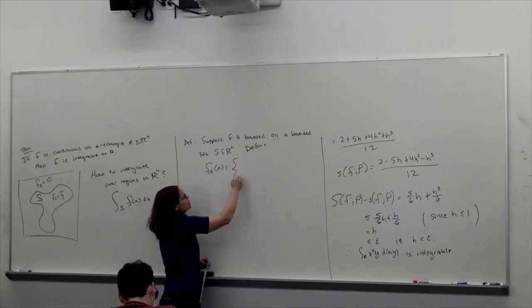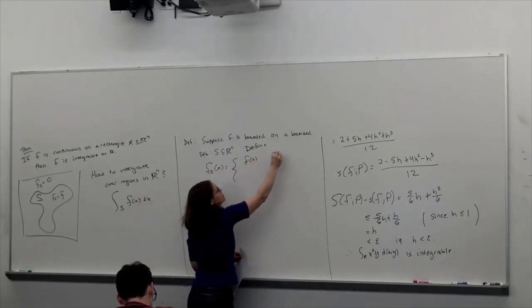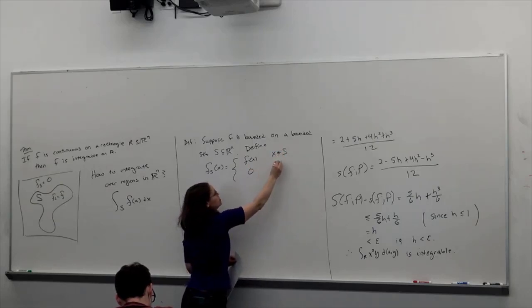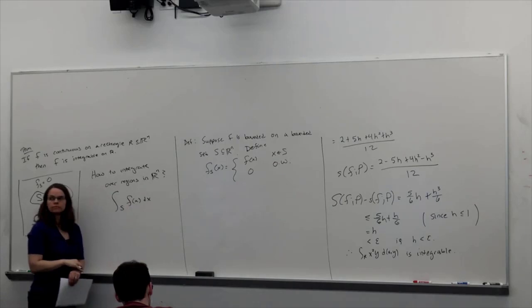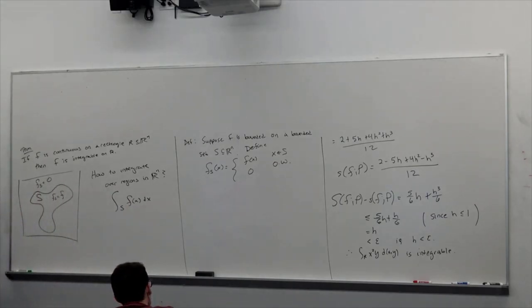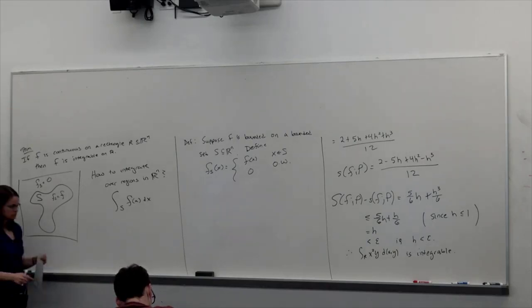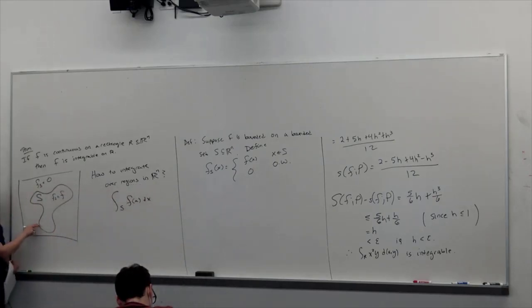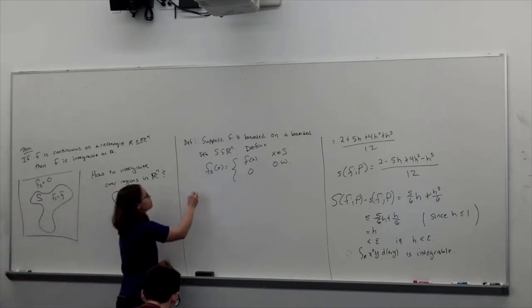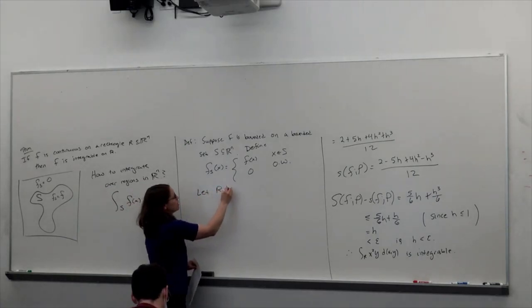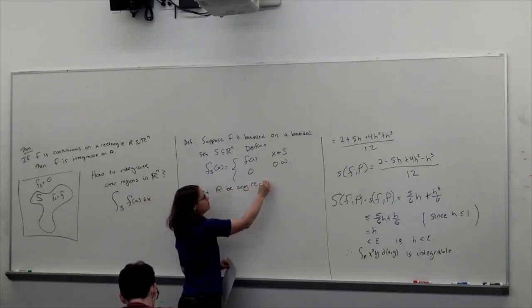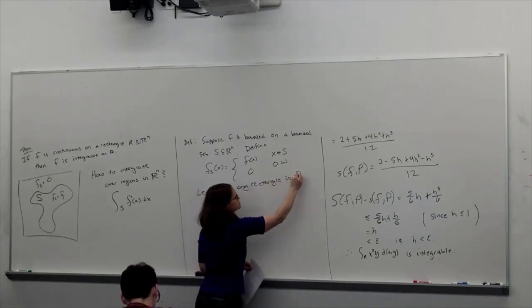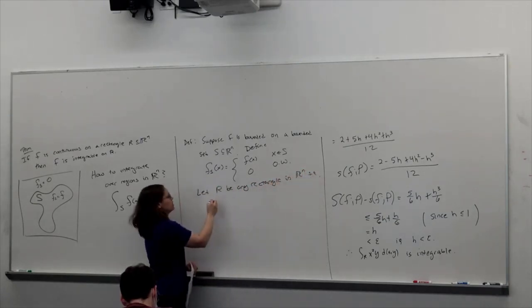So it's going to agree with our original function in our original set, and it's going to be 0 otherwise. All right, now we draw a rectangle around this set. This is bounded, so we can certainly draw a rectangle around it. So let R be any rectangle in Rn that contains our original set.